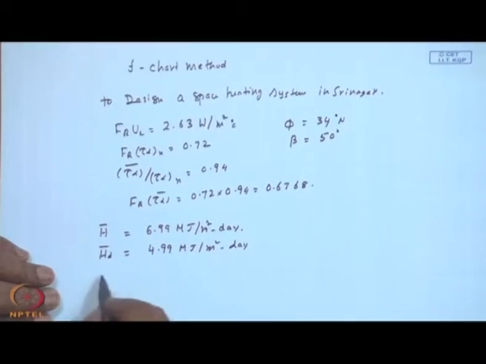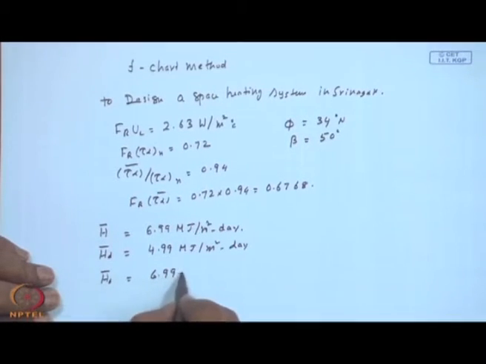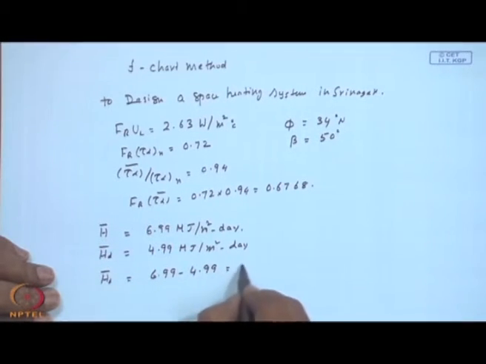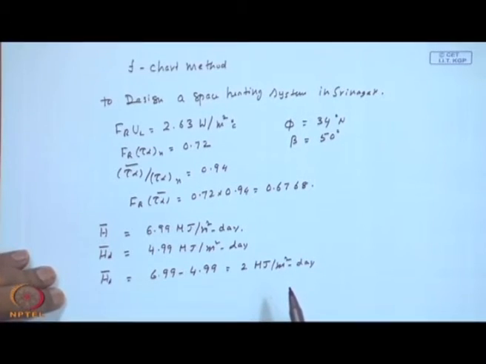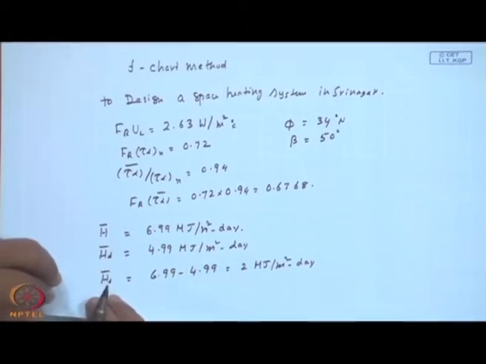So, this means your H b direct radiation is 6.99 minus 4.99, which is equal to 2 megajoules per meter square day. That means the diffuse fraction is almost 5 by 7, about 0.7. So, it is a pretty low clearness index, that is what you have to check. Okay, I think that is the data, that is how it is.